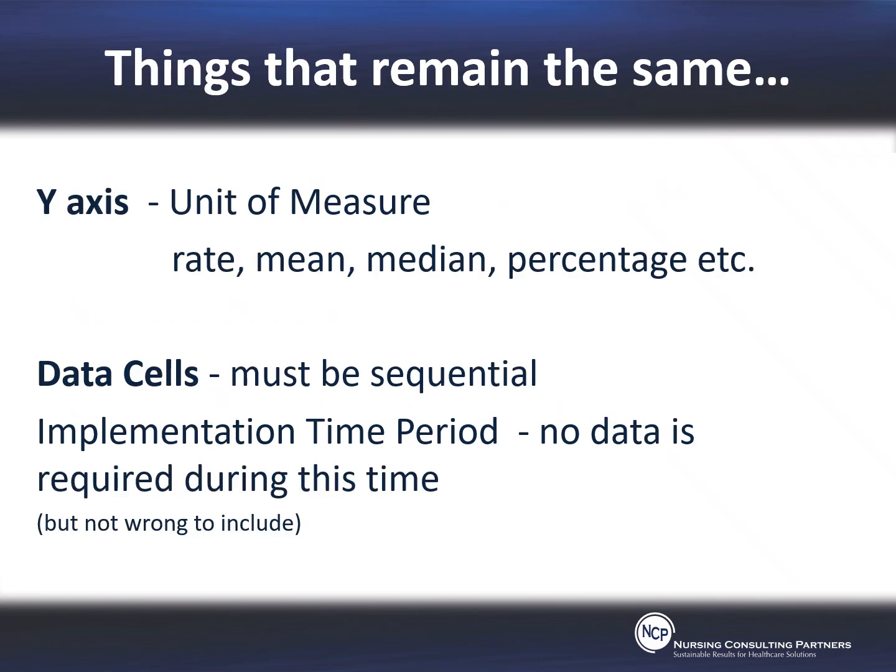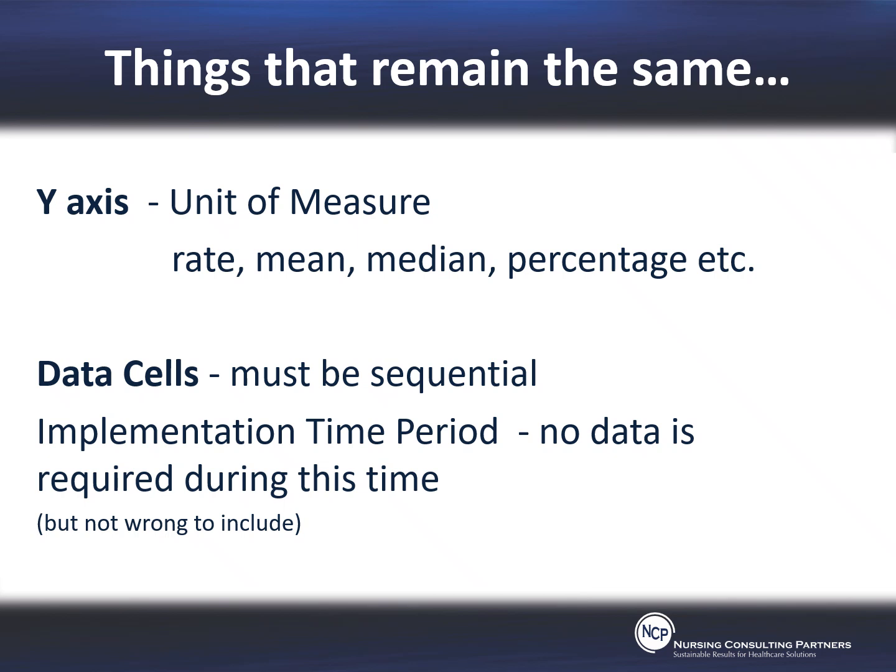So things that remain the same. The x-axis, that's that long axis. I think about the y as somebody standing up with their arms outstretched. That's how I remember the difference between the x and the y axis. That's your unit of measure. It's the same as in prior graphs.